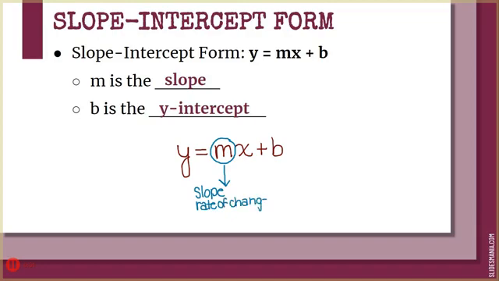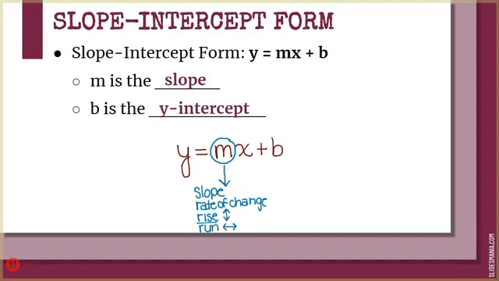So that's going to be your slope. In other words, this is also going to tell us our rise over our run. How is my graph moving up and down compared to how it's moving left and right?